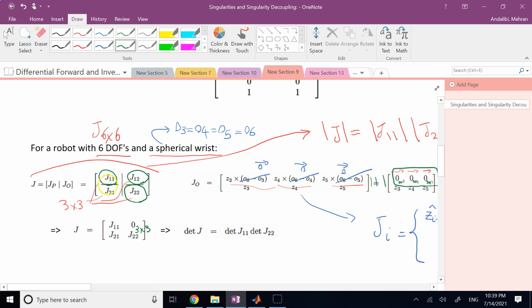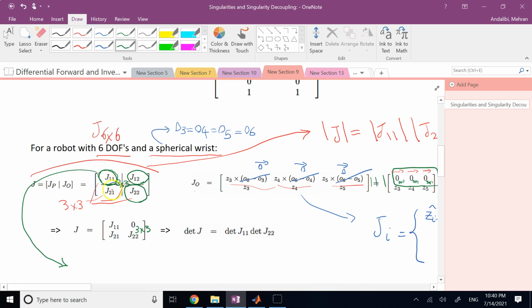Yes, this one comes from the first 3 joints. This is the effect of Q1 dot, Q2 dot, Q3 dot on what? What's the meaning of this J11 if I ask you? What are the components in this J11? It is a 3 by 3 matrix.